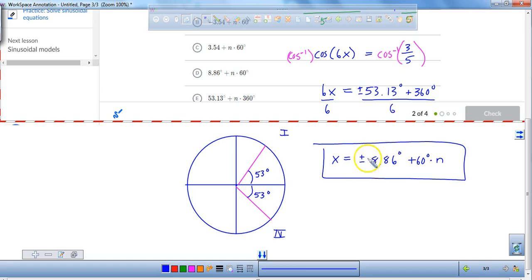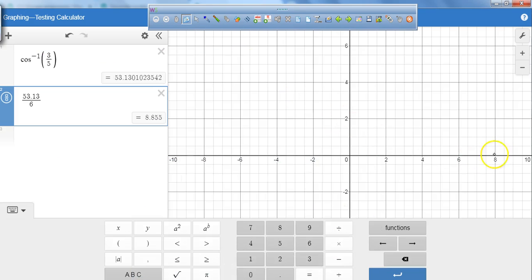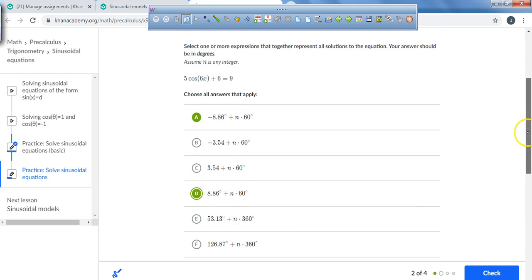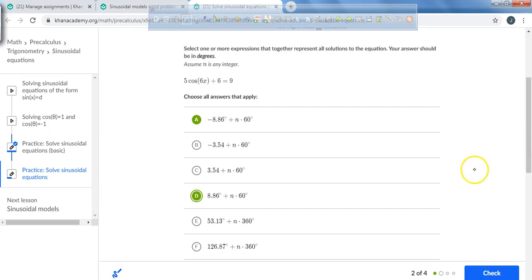I'm going to have a plus or a minus in this case, because plus will get me here, minus will get me right here, and then that 360 divided by 6, because we had to divide both sides by 6, will give me that 60 times n. So I'm going to choose this minus, and I'll choose this plus, and that should get me to those areas over and over and over again.